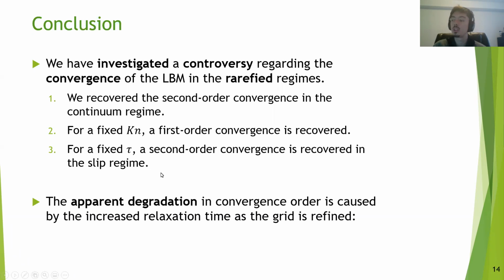And we have shown that the apparent degradation in convergence order is caused by the increased relaxation time as we refine the grid. When delta x goes to 0, the relaxation time increases to infinity, and this is what actually causes the degradation in the convergence order.